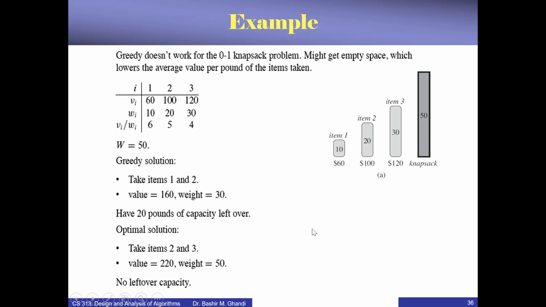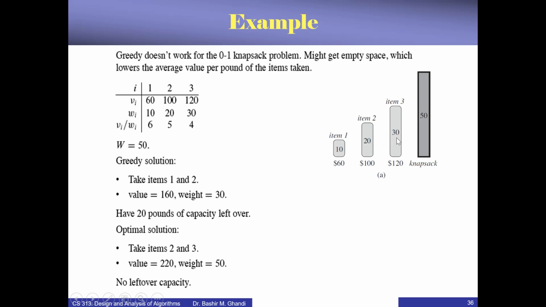However, by doing that, he will have been left with a capacity of 20 pounds, which he cannot utilize. But the optimal solution actually is to take item 2 and 3. Item 2, the weight is 20 pounds.